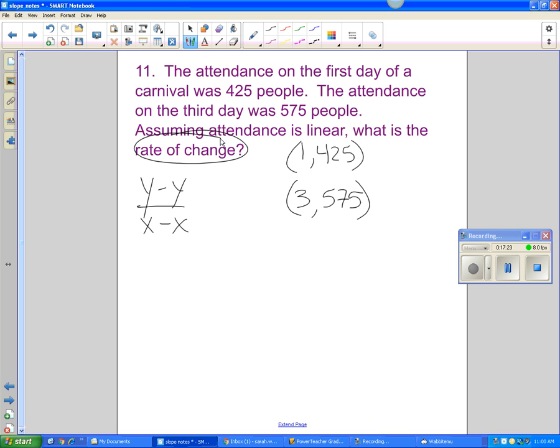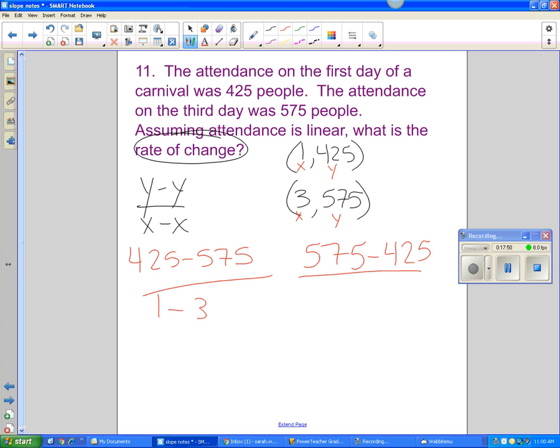Okay, so this is x and y. So the comma is not like thousands. These are your x and these are your y's. Okay, so what would go in for your y? So 425 minus 7, and then 1 minus 3. Guys, it doesn't matter if you did 575 minus 425, but if you switched the order on the top, what else do you think you'd have to do?